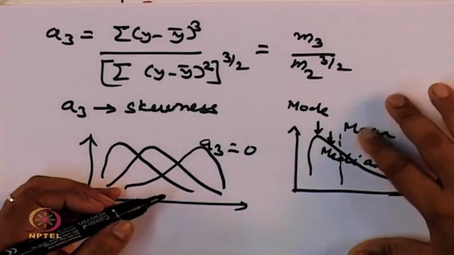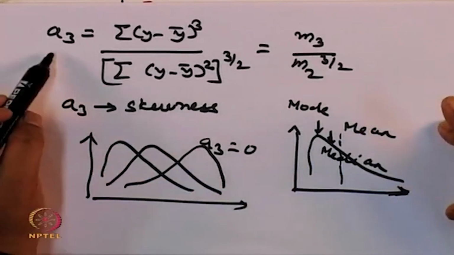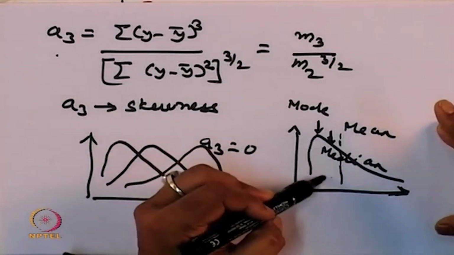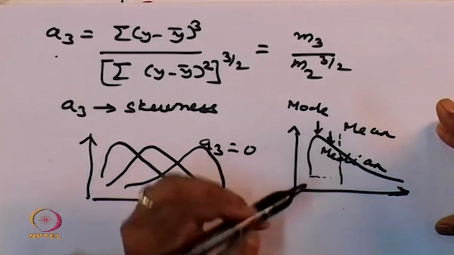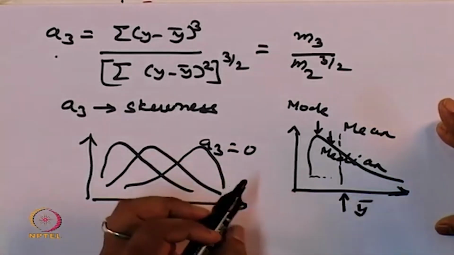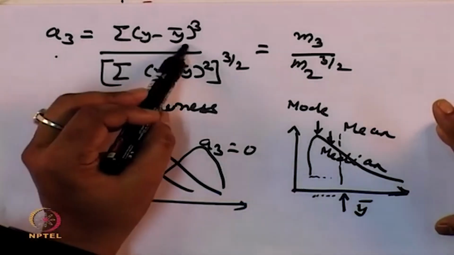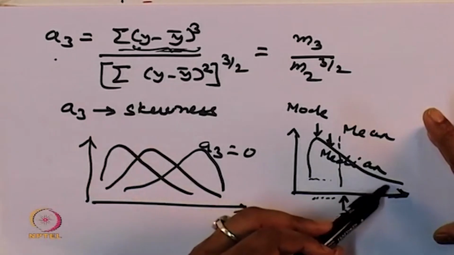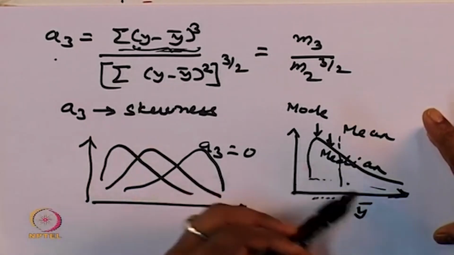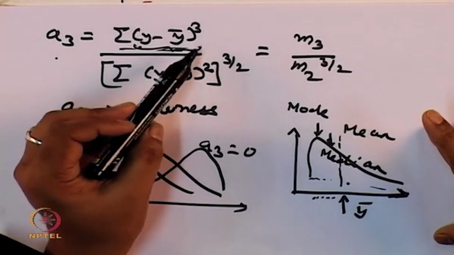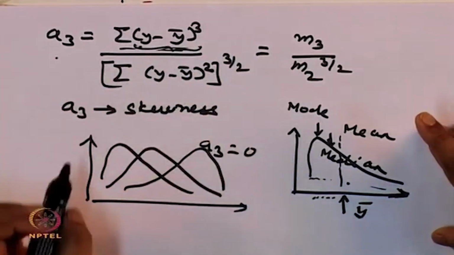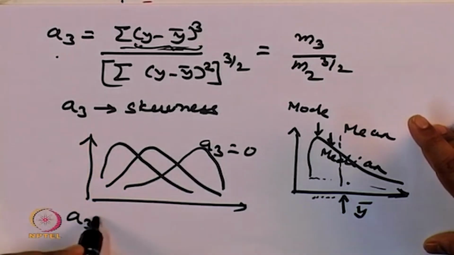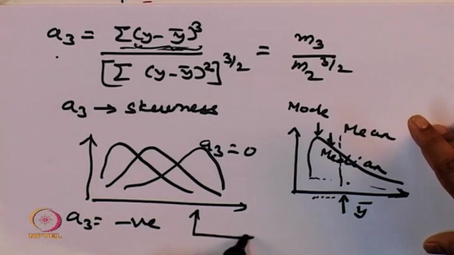What you can clearly see is that when I do this computation for A3, there are many points which are less than my mean. This is my y bar value, and for all these values this component will return a negative value, and only for a few of the others this quantity is going to return a positive value. So when I do this calculation, I am going to get a value of A3 which is going to be negative. So A3 is going to be negative for this kind of distribution.